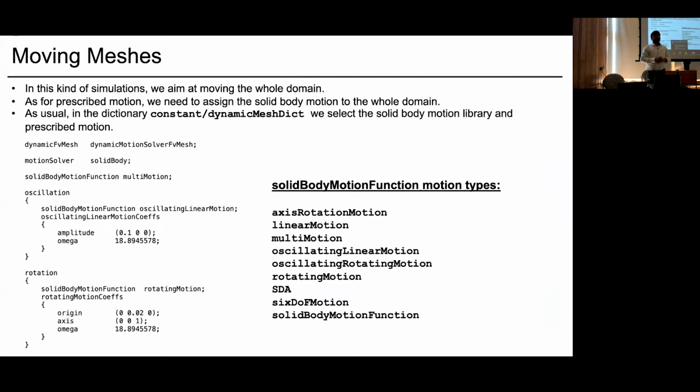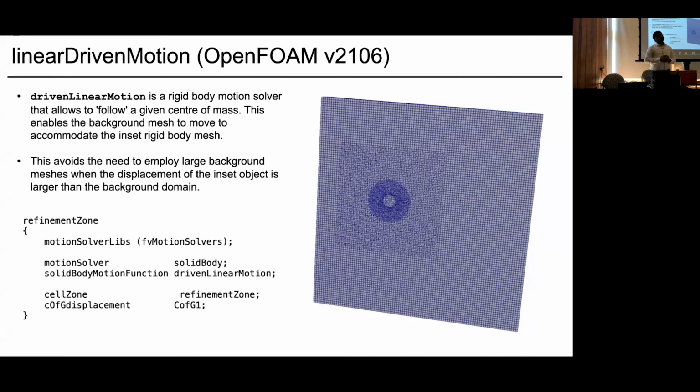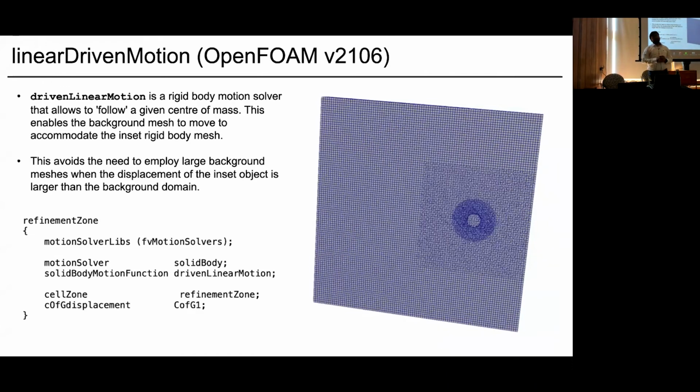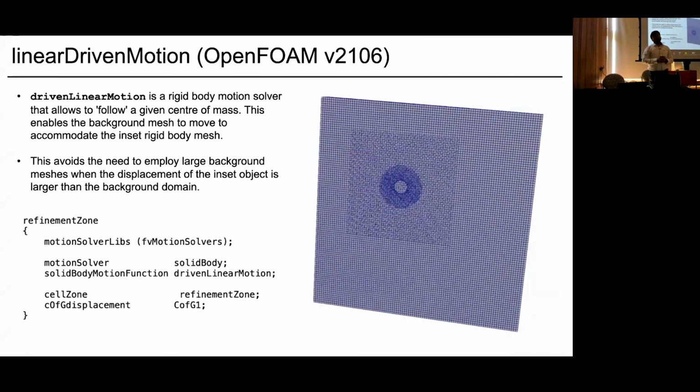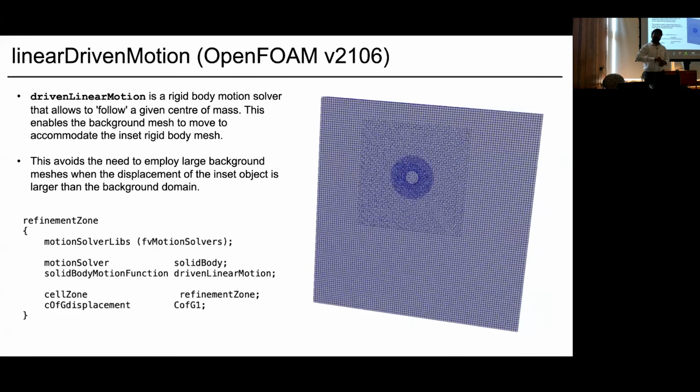For me, it was not clear what the advantage of using that is. If you know where the cylinder is moving, why don't you move the refinement with the same? That's what it is doing. Yeah, but you said you are computing the center of gravity of the cylinder.